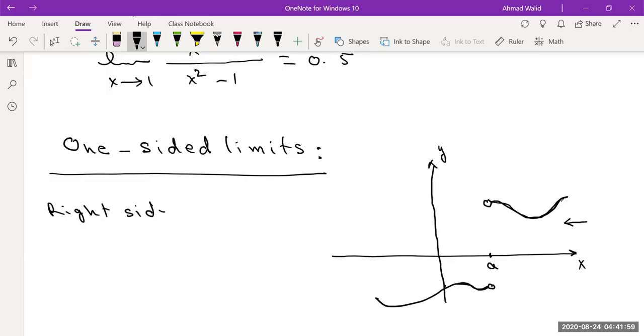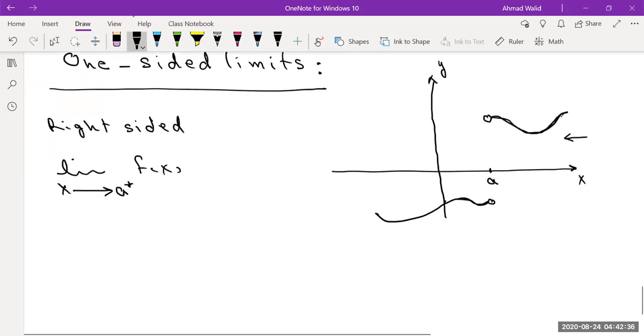I will write limit as x approaching a. To denote from the right, you use a plus sign on the right side of the a on the top, not on the bottom. It means your x is approaching a from the right. The limit as x approaching a from the right of f of x of this function.